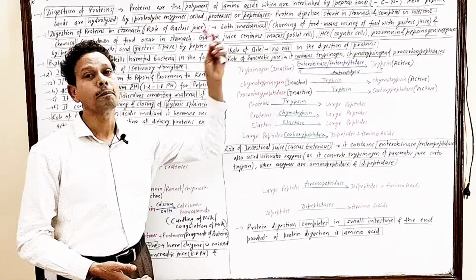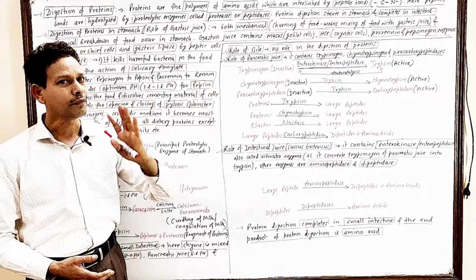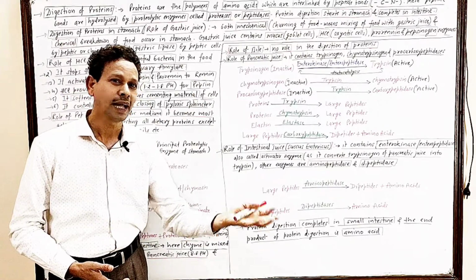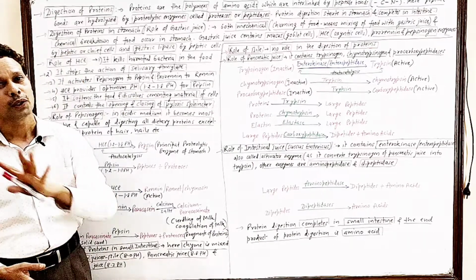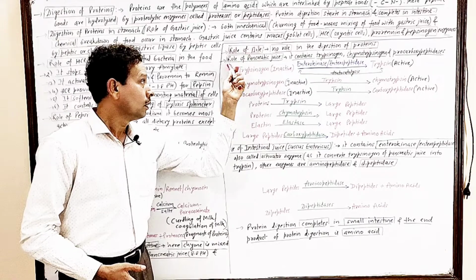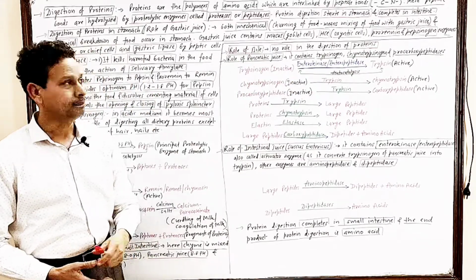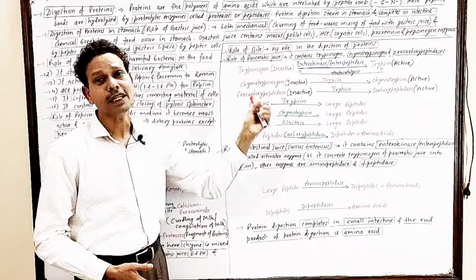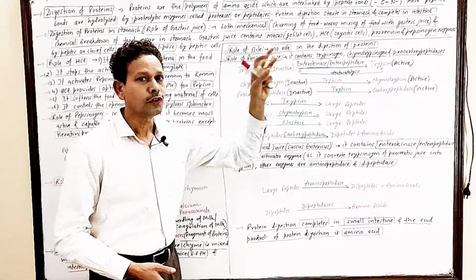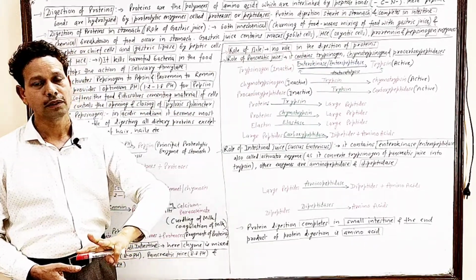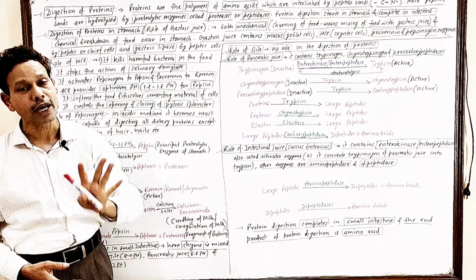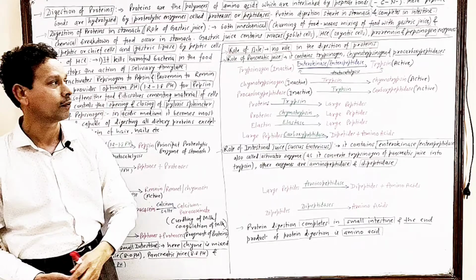First of all, the role of bile. The liver juice, the bile, doesn't play any role, as there is no enzyme in bile for digestion of proteins. Role of pancreatic juice: this pancreatic juice contains three proenzymes. Three proenzymes means three protein digestive enzymes are found in inactive form.